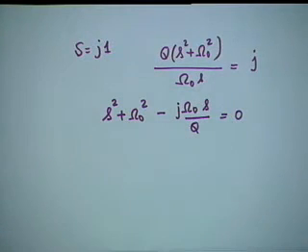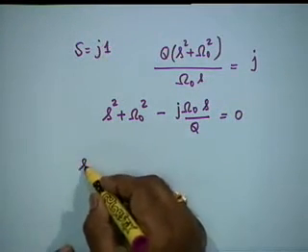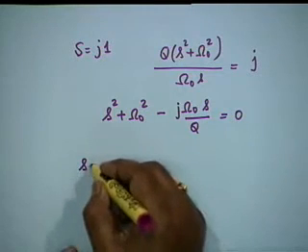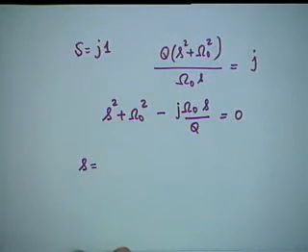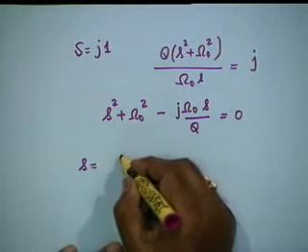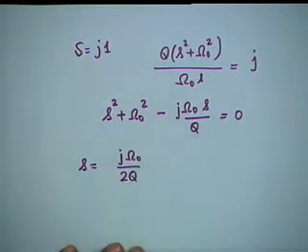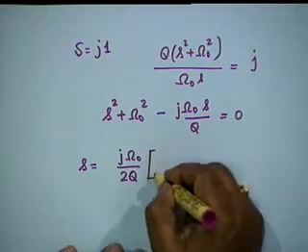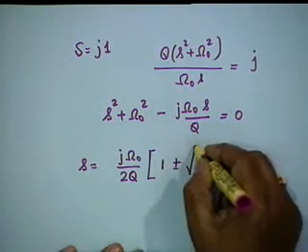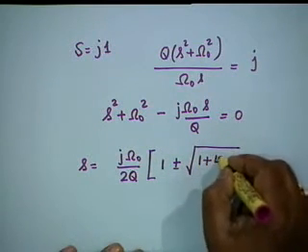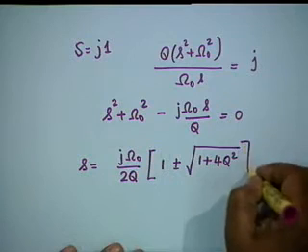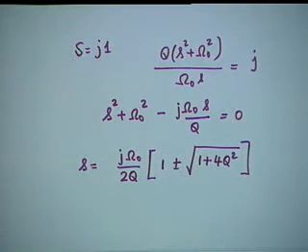This is a quadratic equation, and therefore, there are two solutions of this, and if you solve them, you get j omega 0 divided by 2q, you can put it in this form, I skip the algebra, 1 plus minus square root of 1 plus 4q squared. This is what we get. All right. There are two solutions.